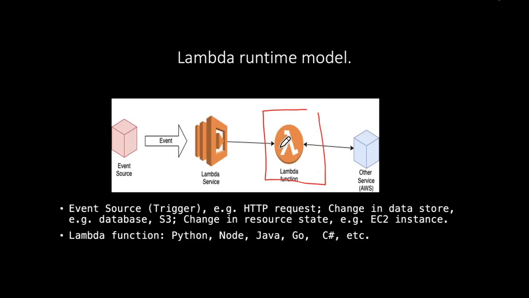And the reason it does that is it's essentially waiting just in case there is another occurrence of the event that needs to be processed. And if that occurs, then it reuses this micro VM. But in this second instance, the micro VM is not going to execute the initialization code. It's only going to execute the handler, the function itself.